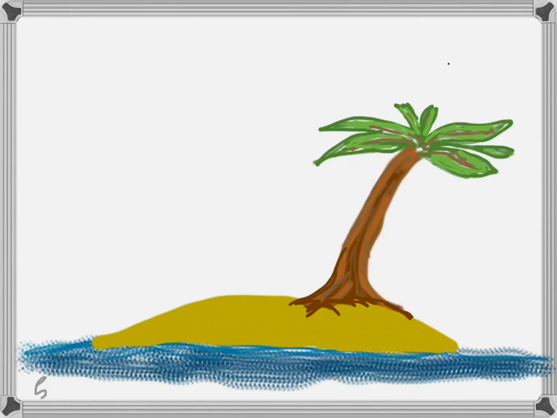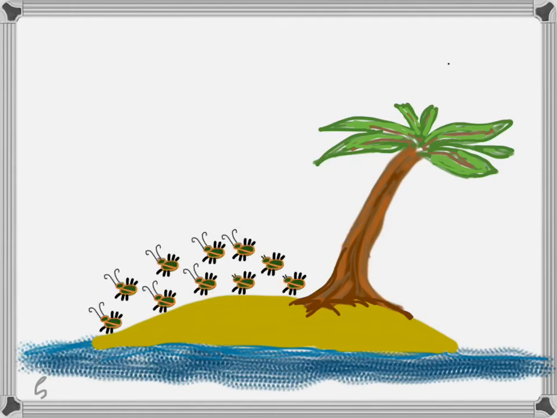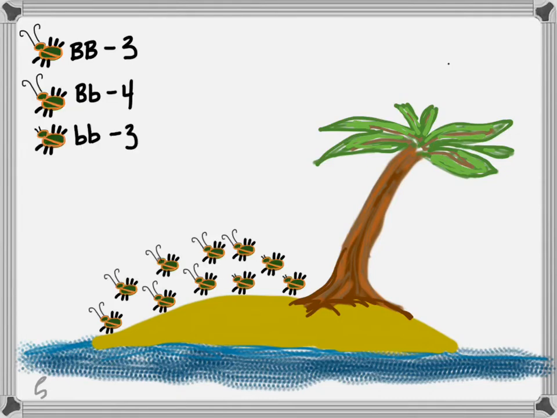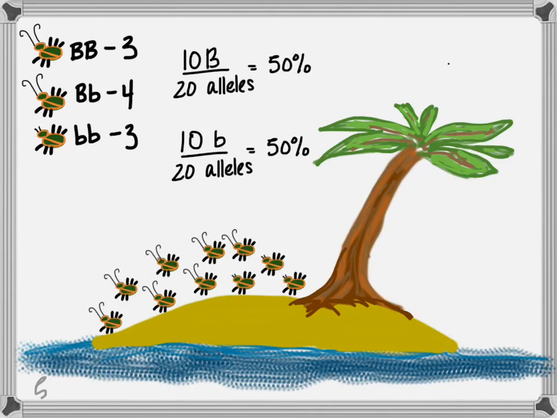Imagine an island with a population of only 10 individuals of a species where an allele is evenly distributed. 3 individuals have big B big B genotypes, 4 have big B little b, and 3 have little b little b. Well, that gives us a 50-50 allele frequency. Cool.